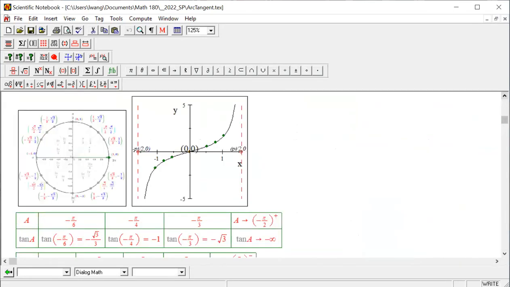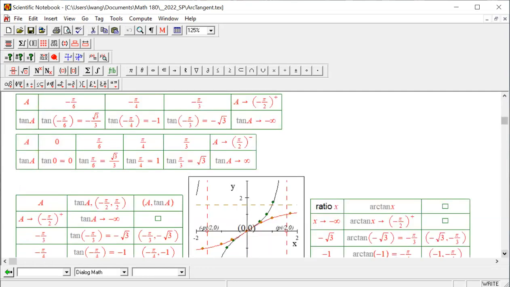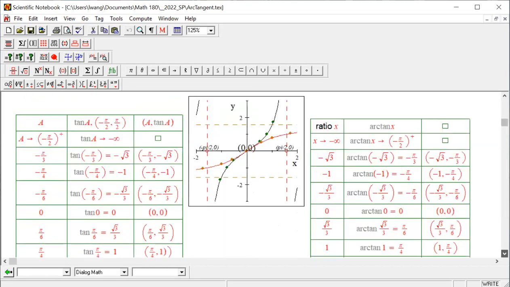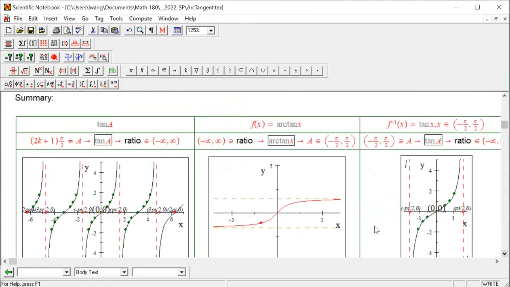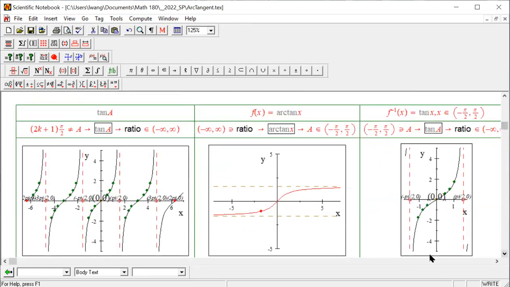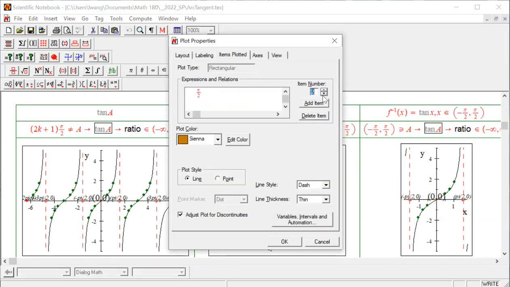I think we did that table over here. So I basically want to put these points on that chart again. This way we can have a really good view. If you can mark those points, it would be even better.